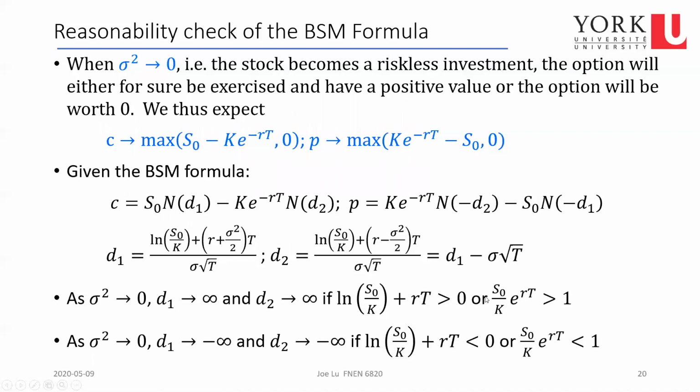So you can do this. If you take e to the power of this thing, you become this, and so they have the same condition. So if this is greater than 0, that means this is greater than 1. And if that is the case, then you would have D1 approaching infinity, D2 approaching infinity, which means you'll have N(D1) and N(D2) being 1.